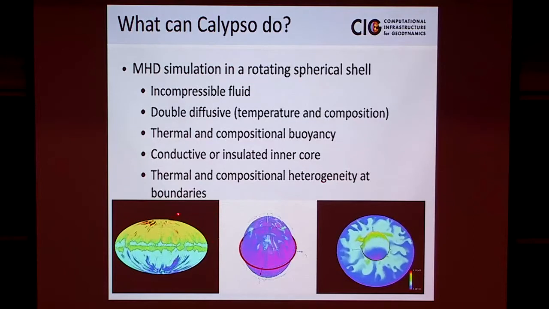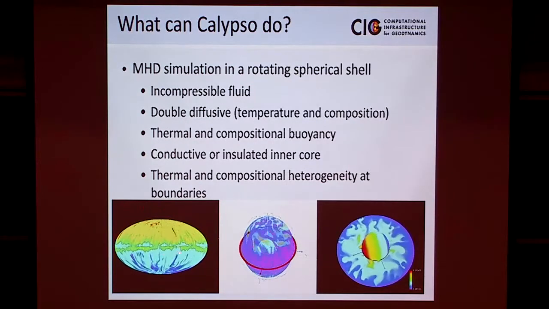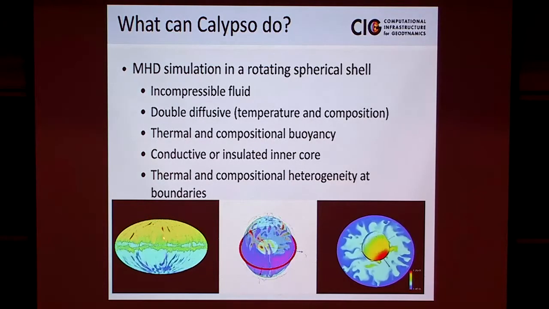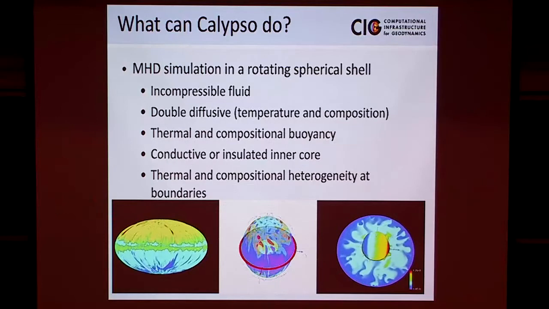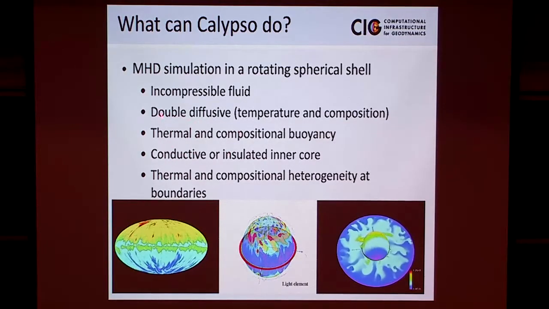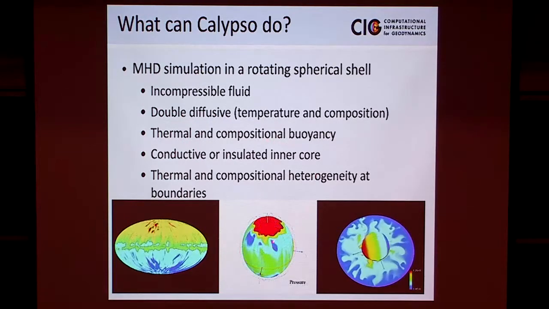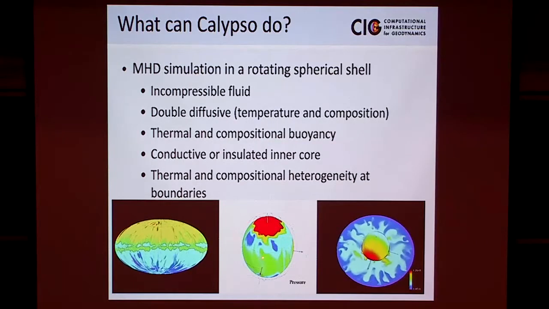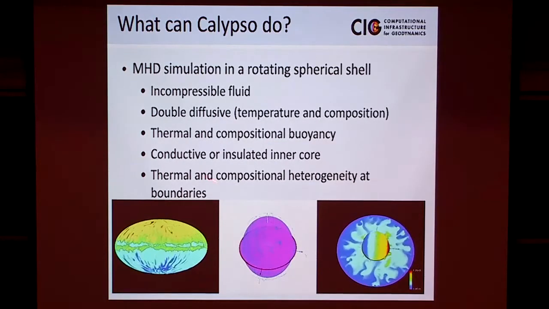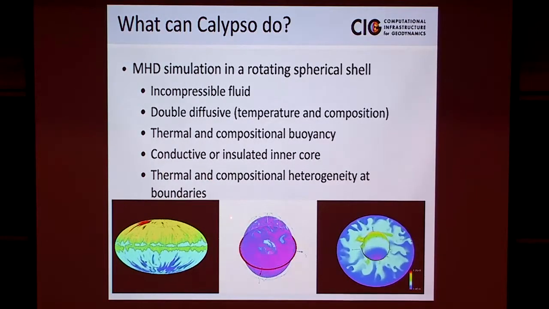You've already seen this movie in John Arnold's talk. It's the evolution of the radial magnetic field at the core-mantle boundary. It also has a capability of a double diffusive convection model driven by the thermal and the compositional buoyancy. Here is the evolution of the, now it shows the pressure, but the evolution of the light element at 320 kilometers from the core-mantle boundary.